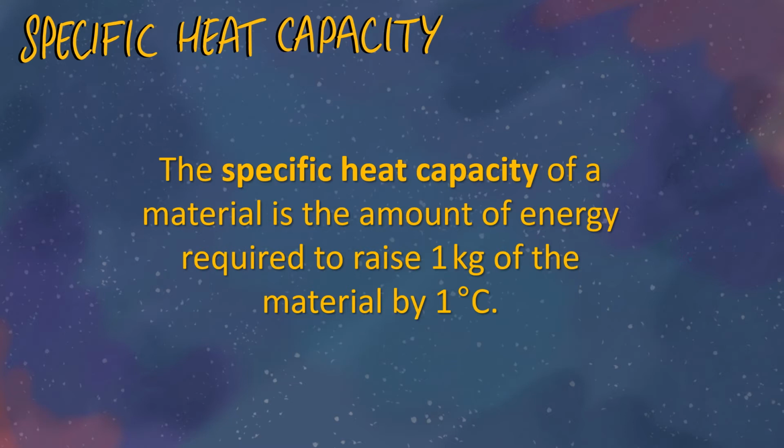Okay, so it's the amount of energy required to raise 1 kilogram of the material by 1 degree Celsius. So if you have 1 kilogram of water, then the specific heat capacity would be how much energy you need to use to raise the temperature of that material by 1 degree Celsius.